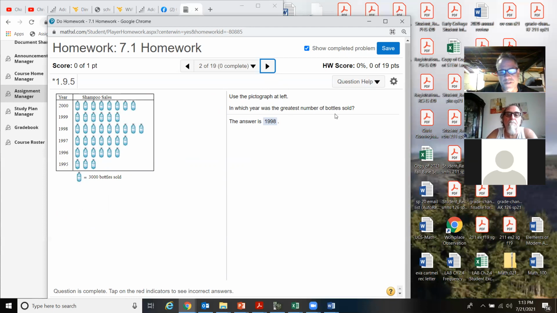Which year was the greatest number of bottles sold? Pictorially, just visually, you would look for which one has the most bottles. And it's 1998. It's that simple. You could also count them up if you were asked by counting the number of bottles. It looks like 9, so there'd be 27,000, but it didn't ask that. All right.